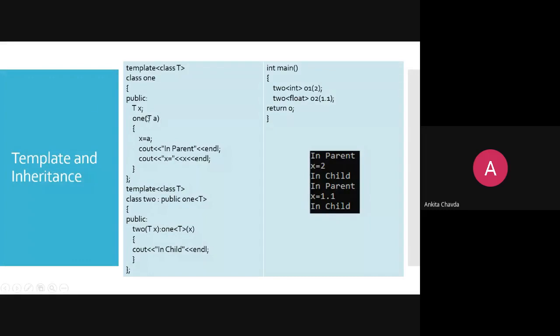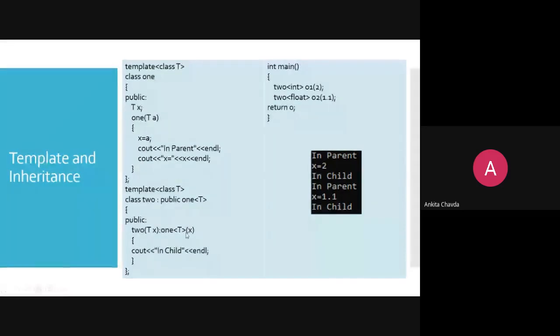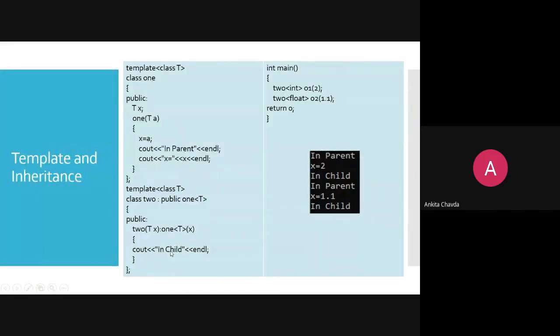So if your parent class has a parameterized constructor, the child has the responsibility to call that constructor. So they are calling it with the parameter list, but between the name of your constructor and the parameter list, you specify the data type in the triangular brackets, that is T. And now you are in the child class.